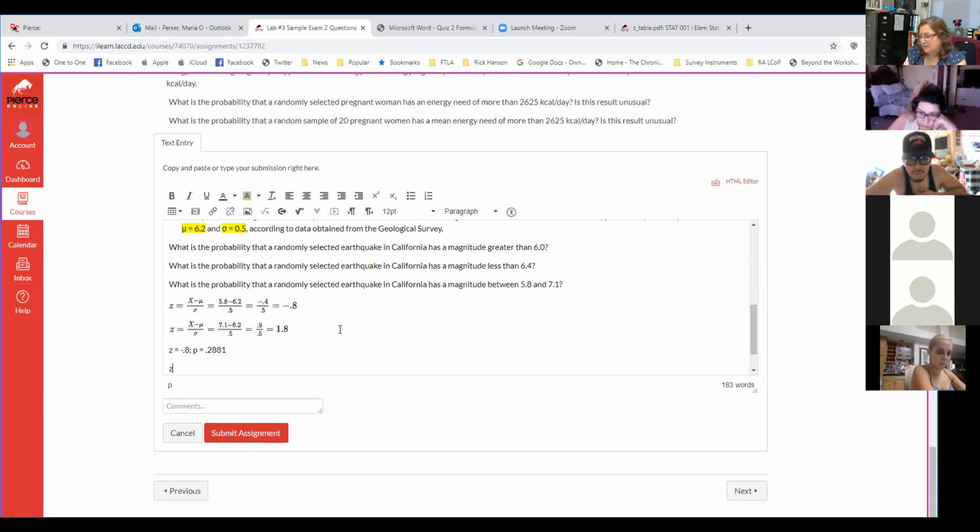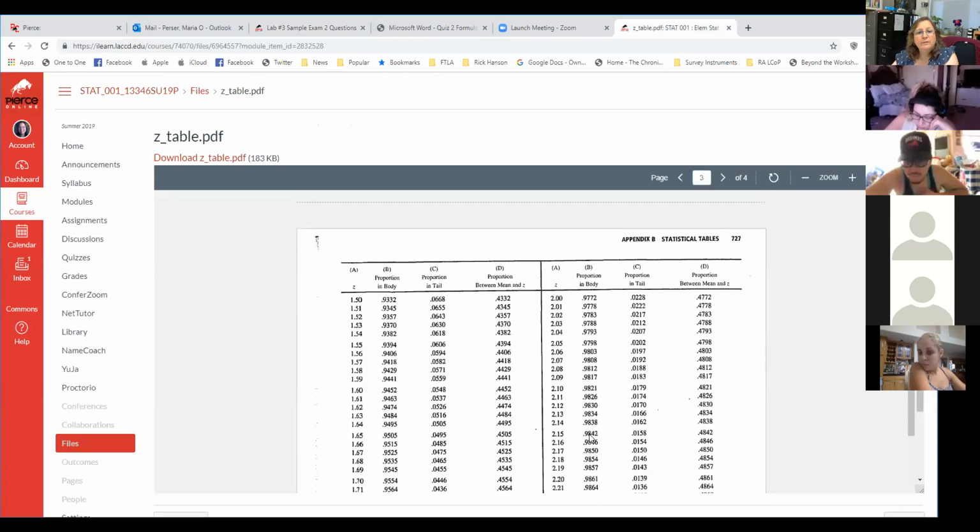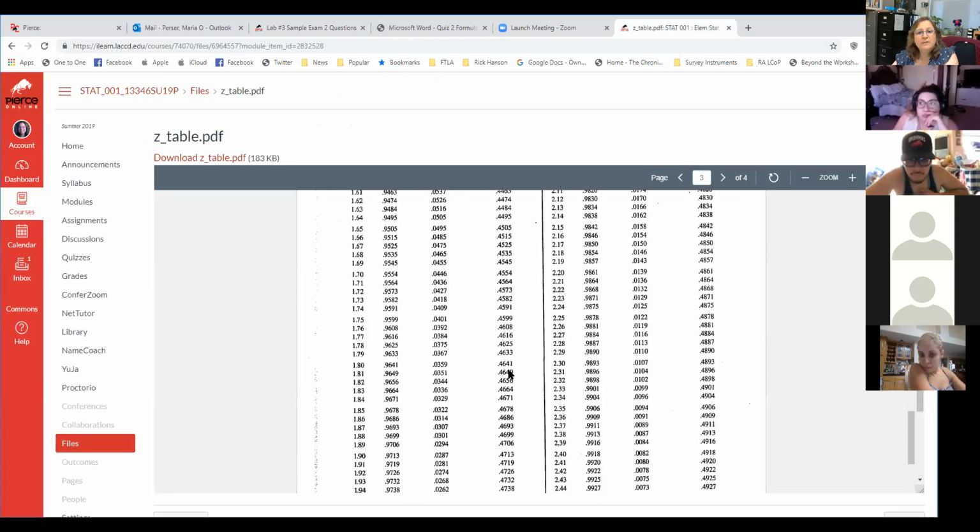And then Z equal to 1.8, P is equal to, go down, 1.8, mean to Z is 0.4641, right?